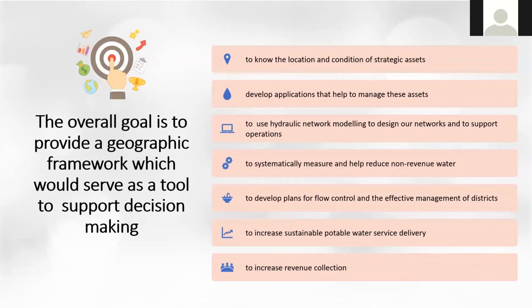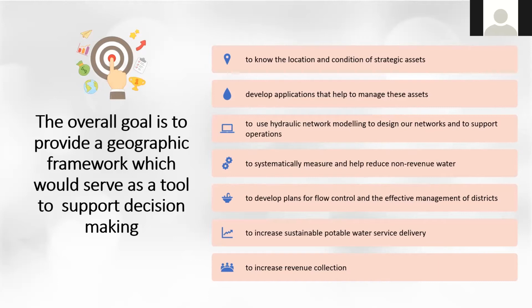Overall, our goal as a unit is to provide a geographic framework that would serve as a tool to support decision-making in the company. And how are we doing this? We are trying to make it possible for Ghana Water to know the locations and the conditions of all our strategic assets.